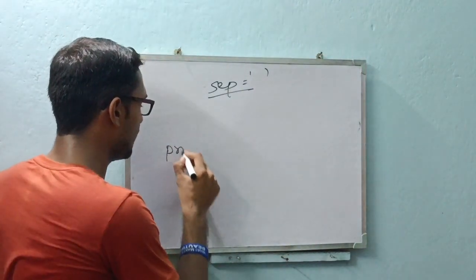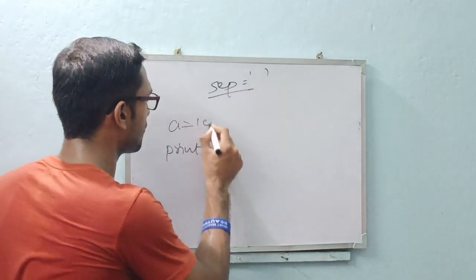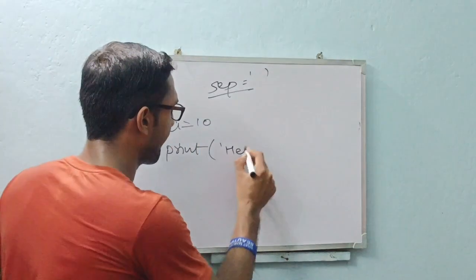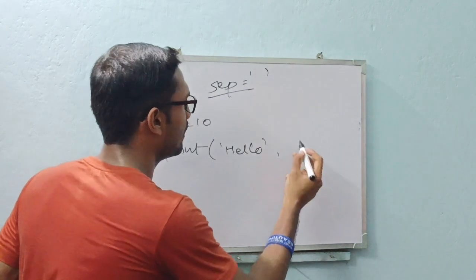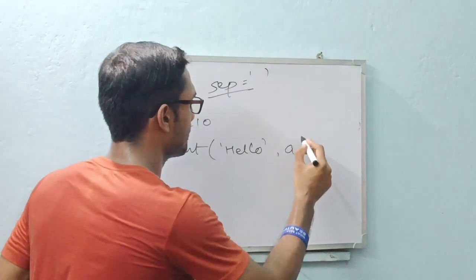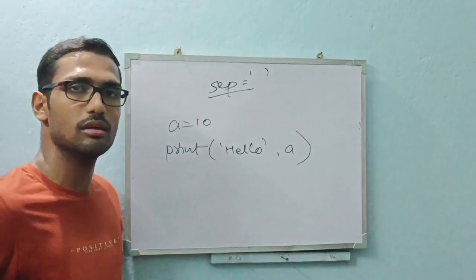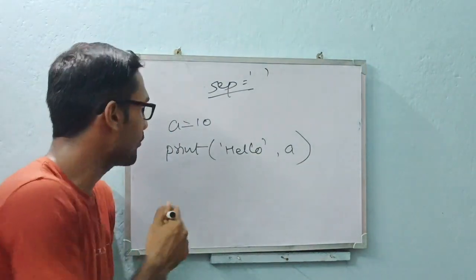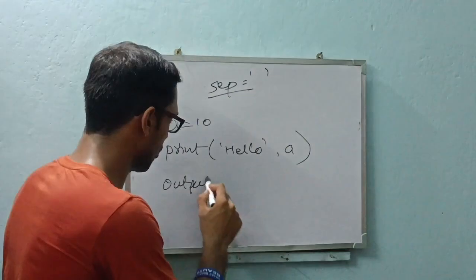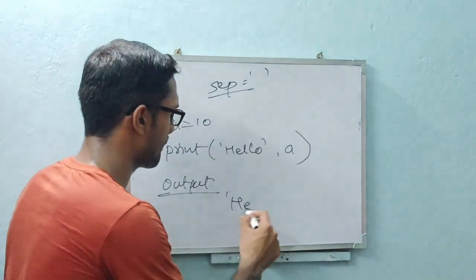So if I write a equals suppose 10, print hello, comma a. If I write this particular statement, print hello a, what will be the output? The output will be hello.